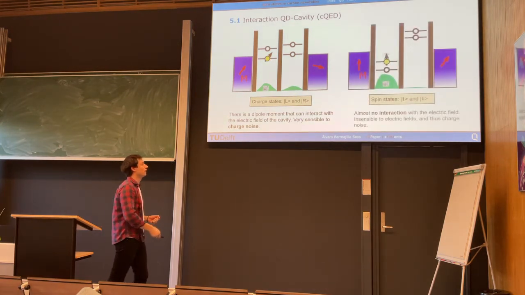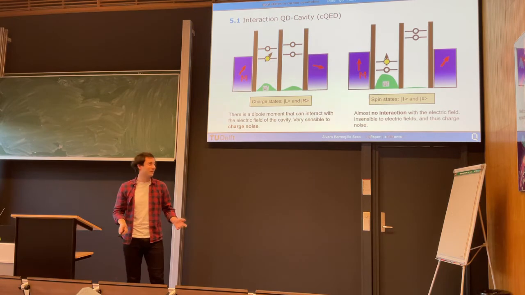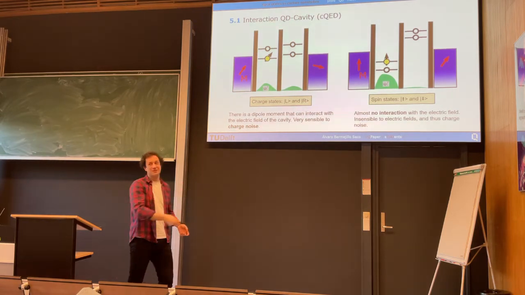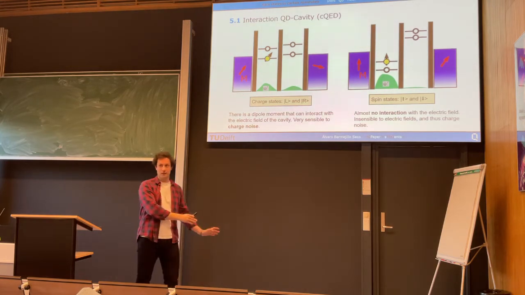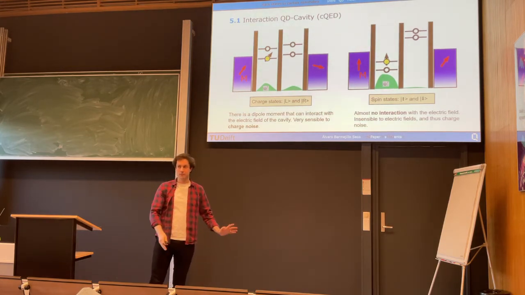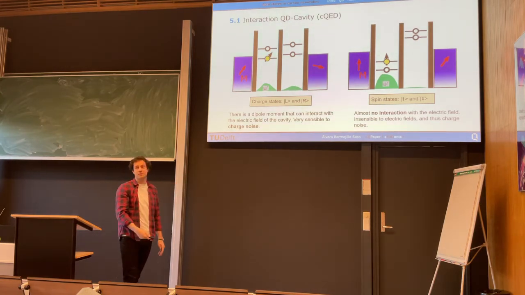If we go to a very high detuning, our electron for sure will be in one of the 2 sides. Okay? So the wave function is going to be in one of the 2 quantum dots, either left or right. And then our qubit will have to do with the spin.